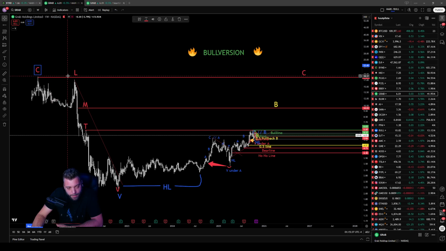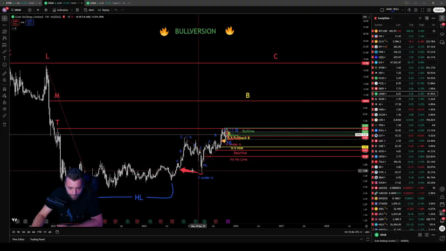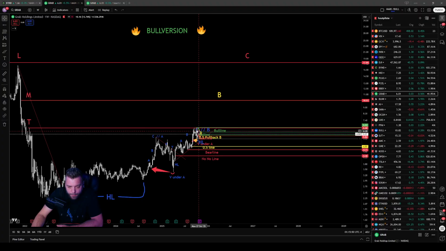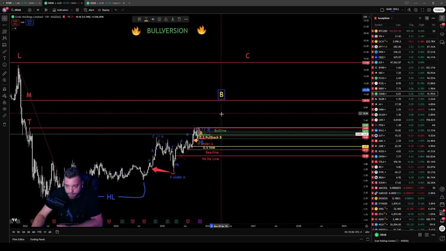So this would mean this is your C, all the mice, lower high, midpoint, T. This is your V. This whole thing would be your higher low. This whole thing here would be your A, which we already got. Your next target is $10 for B, little pullback, or 0.5 pullback.